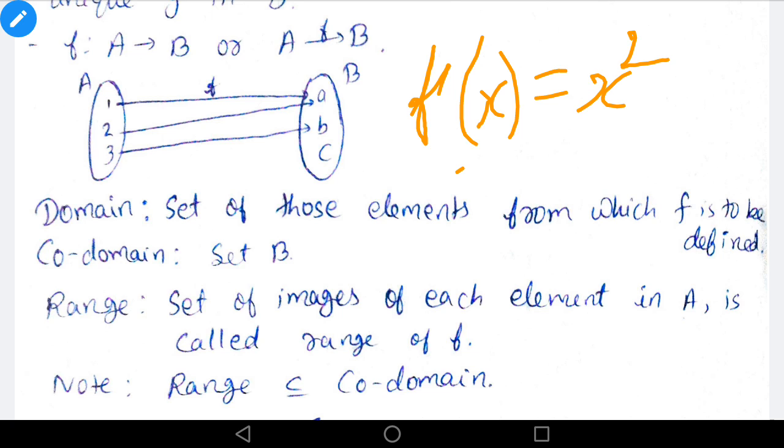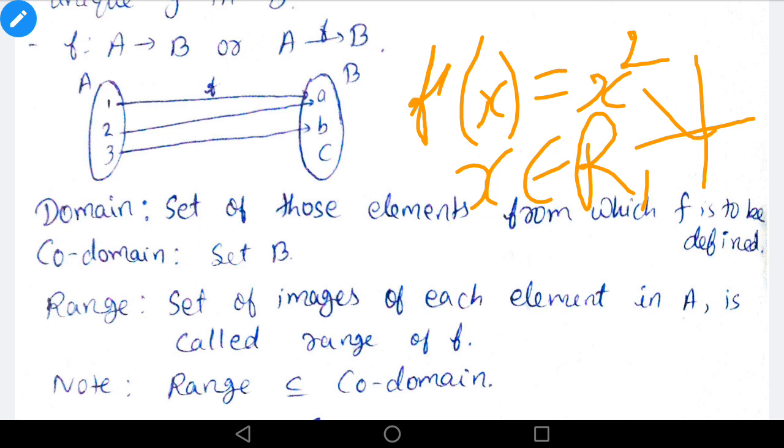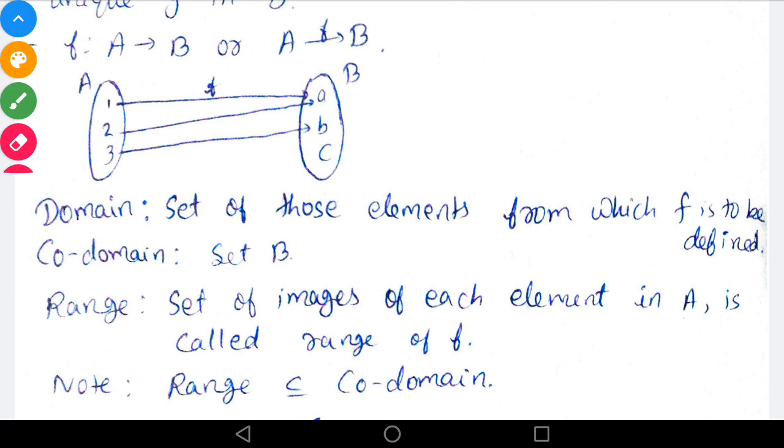Here we can put any value of x, so its domain will be R. And what will be its range? We know its graph is like this, so it will intersect at 0, so its range is R plus, meaning from 0 to infinity. So set B is known as codomain.